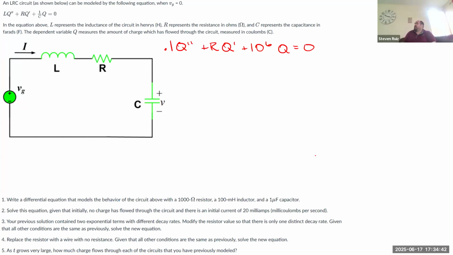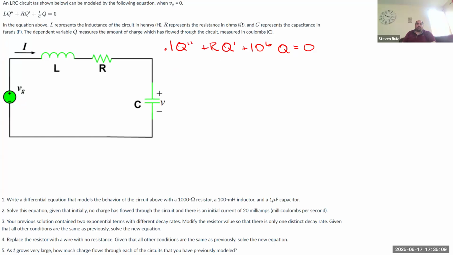So that happens when the characteristic quadratic that comes out of this only has one distinct solution. That's going to happen when the discriminant is equal to 0, or effectively, the expression underneath the square root is equal to 0. This is kind of like when we were finding bifurcation values.